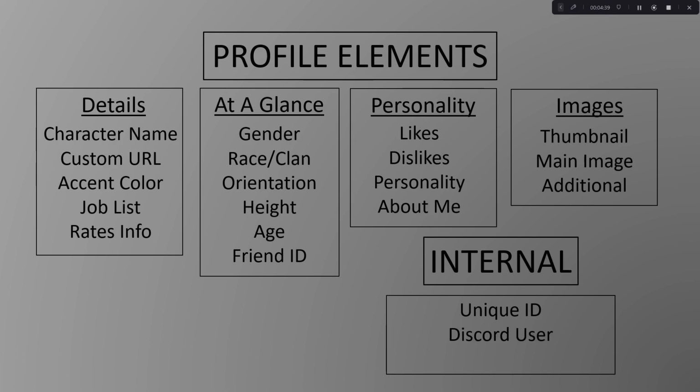We need to have the Discord user, so the actual person to whom the profile belongs, and then we'll have a Discord guild. If the individual is invoking the commands from within a guild, then we're going to attach that to the profile. Otherwise, we won't.